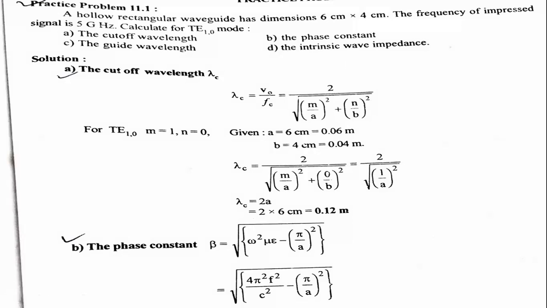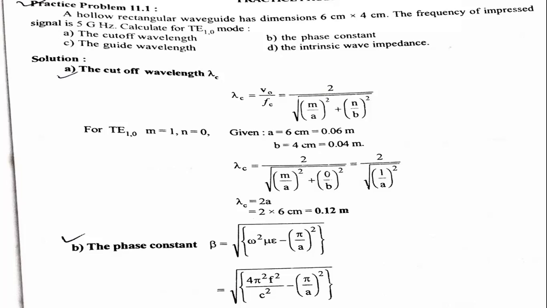A hollow rectangular waveguide has a dimension of 6 centimeter by 4 centimeter. In free space, the signal is of 5 gigahertz. Calculate for the TE10 mode.